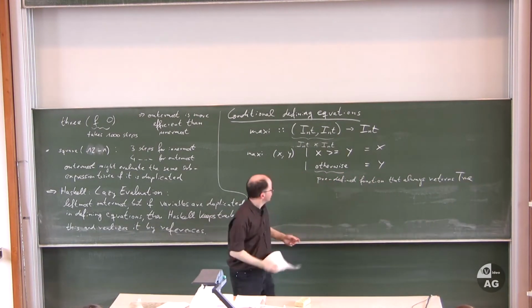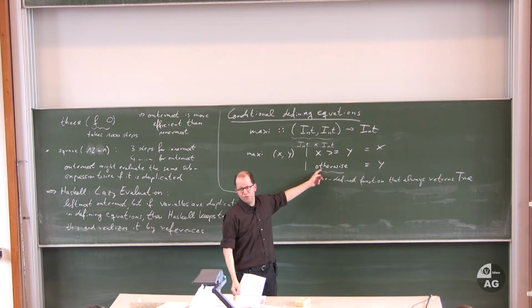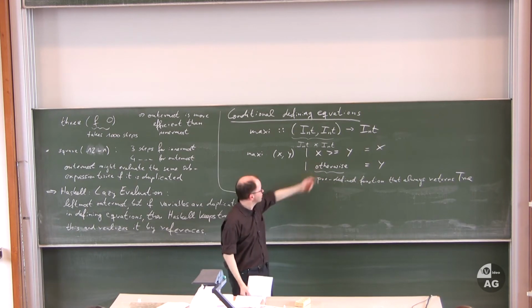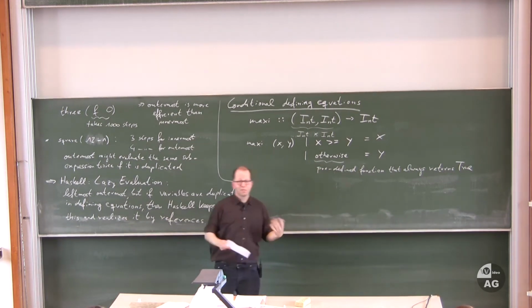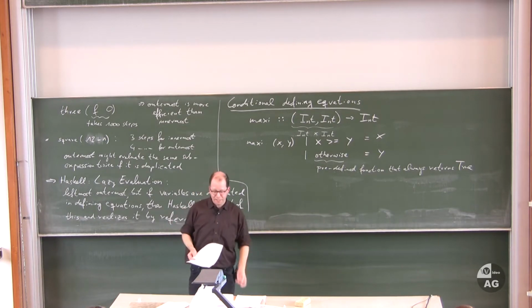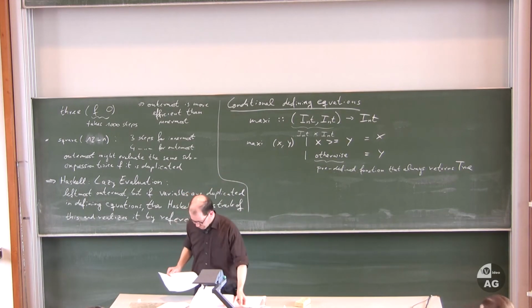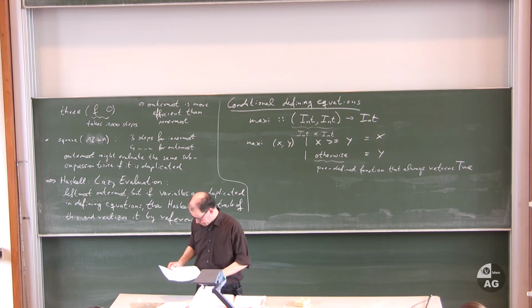So instead of otherwise, you could also write true. That would do exactly the same thing, but this looks somehow nicer because this is the way how you would write it as a human as well, if you define a function by case analysis.